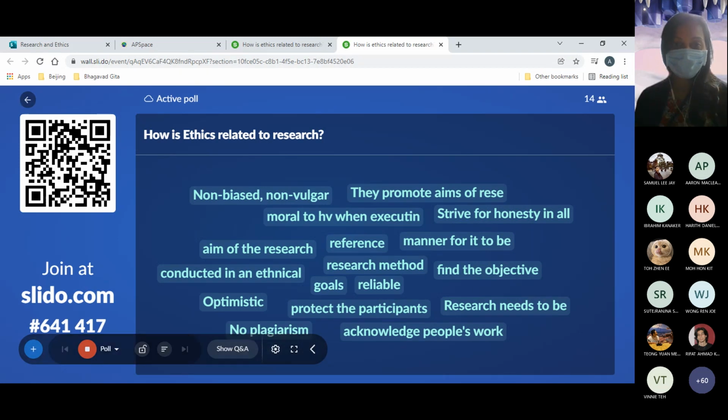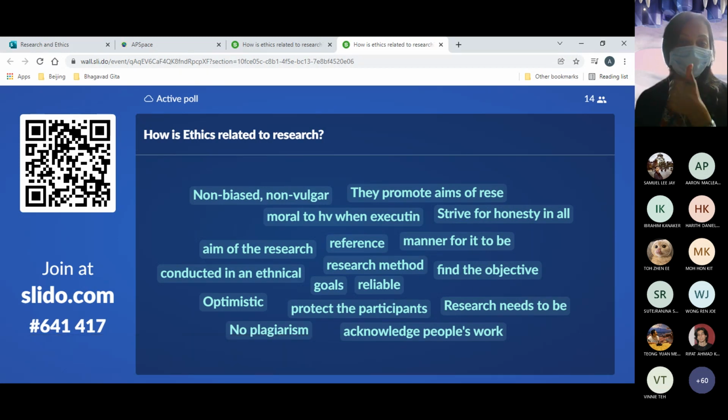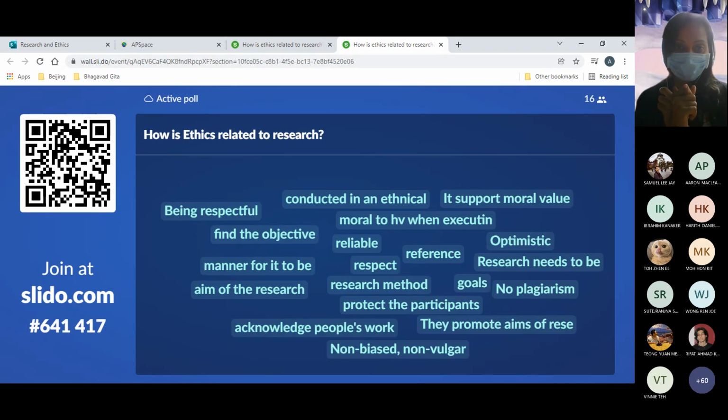Non-biased, non-vulgar, very good. Okay, element of biasness, that's a very important keyword. Okay, moral, morality, honesty. Okay, very good, very good. Reliable, okay. Respect, very good.